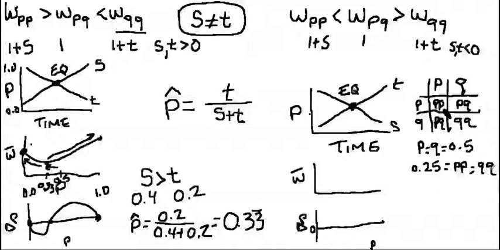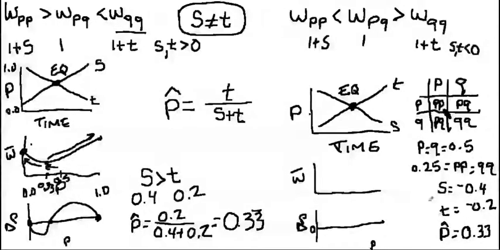Let's take a look. So right now we have S greater than T. So we're going to do the same thing, only since S and T are negative now, we're going to say S equals negative 0.4, T equals negative 0.2. So notice that should make my P hat be the same, 0.33.